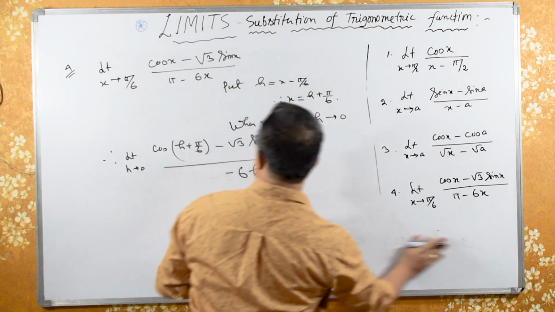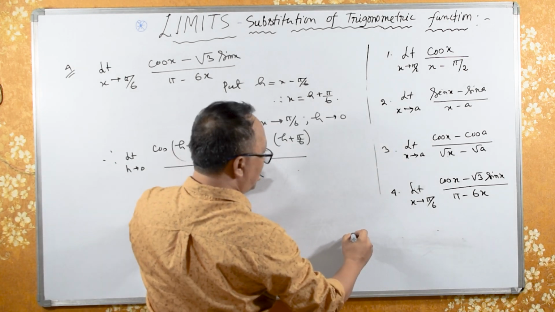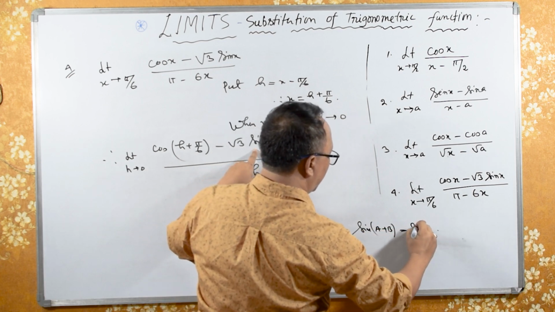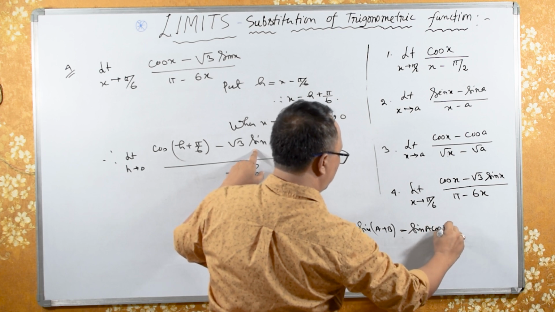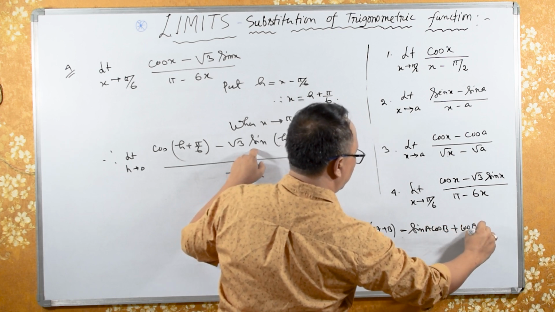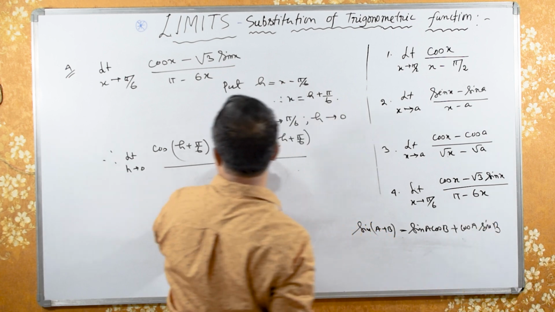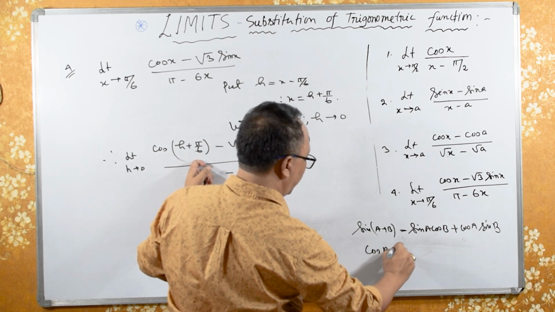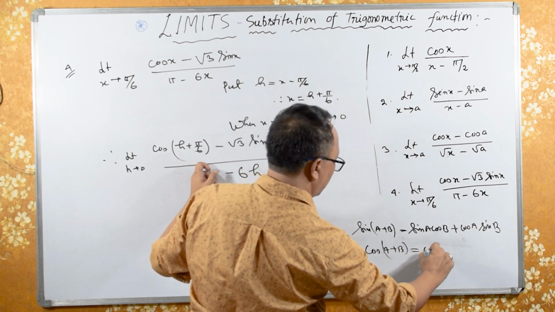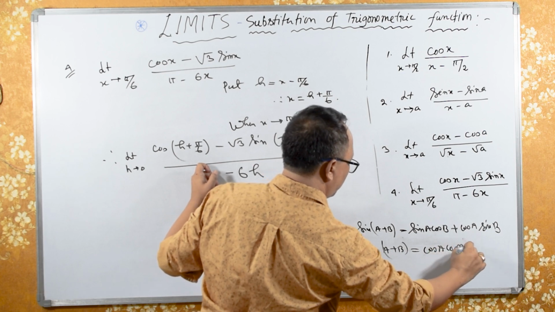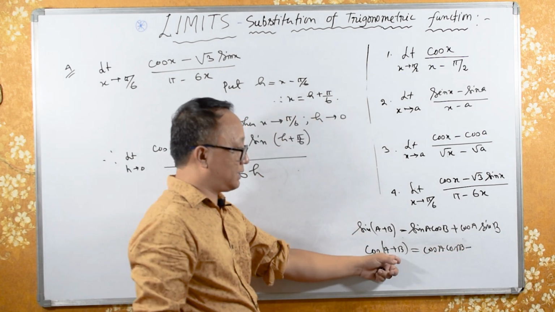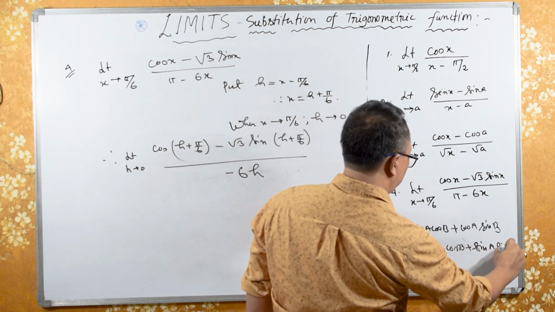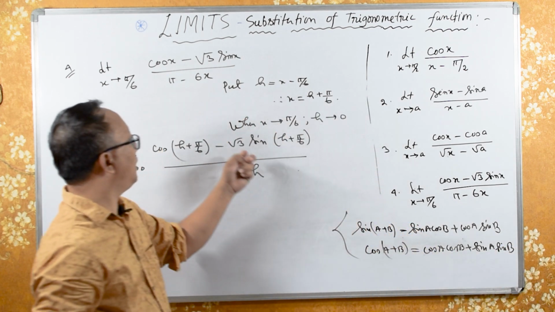Remember, sin of A plus B is sin A cos B plus cos A sin B. And the other formula we have to apply is cos of A plus B, which is cos A cos B minus sin A sin B. These two formulas we have to apply over here.